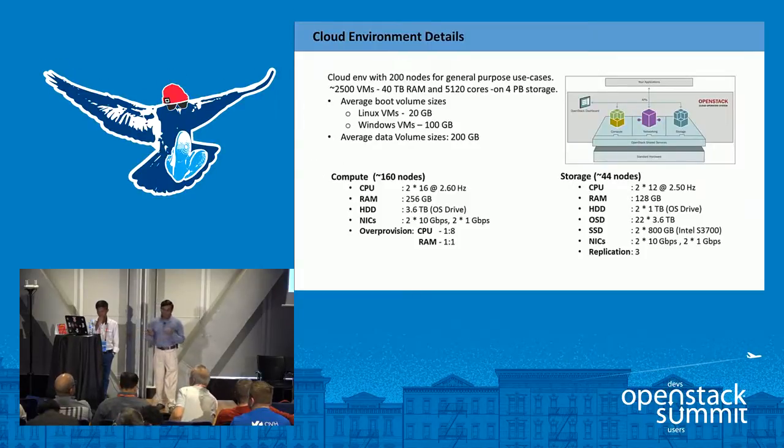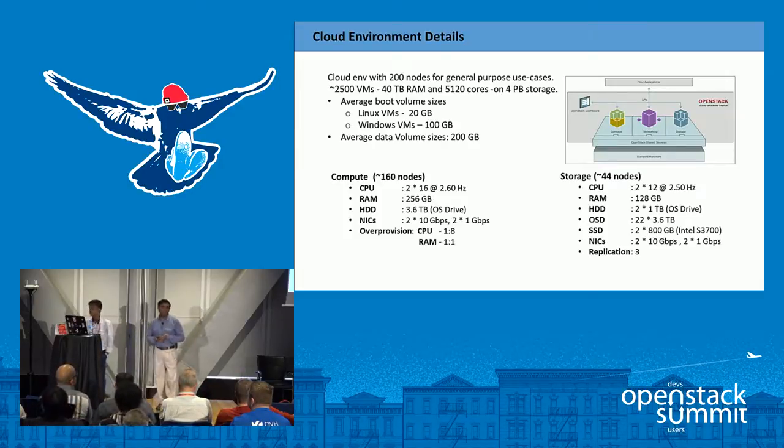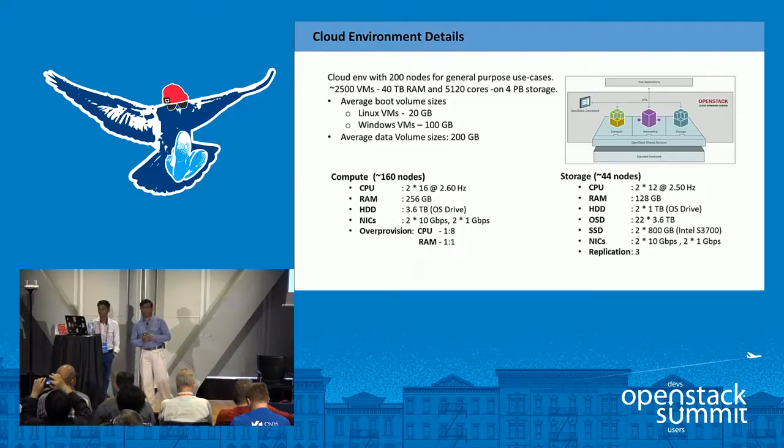Quickly, before all my recommendations, this is the setup we are using. Typically we have a general purpose cloud with 200 nodes. We are using it for compute, block storage and object storage use cases. Currently we are running approximately 2500 VMs with 40 TB RAM and 5000 CPU cores.